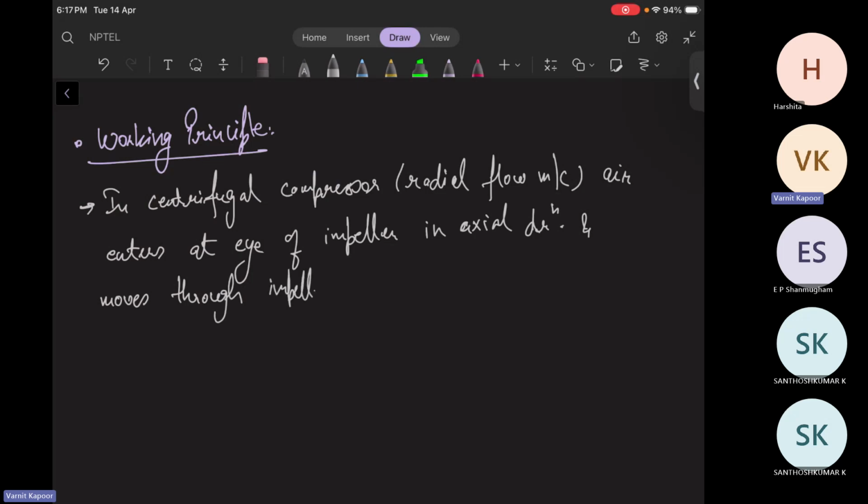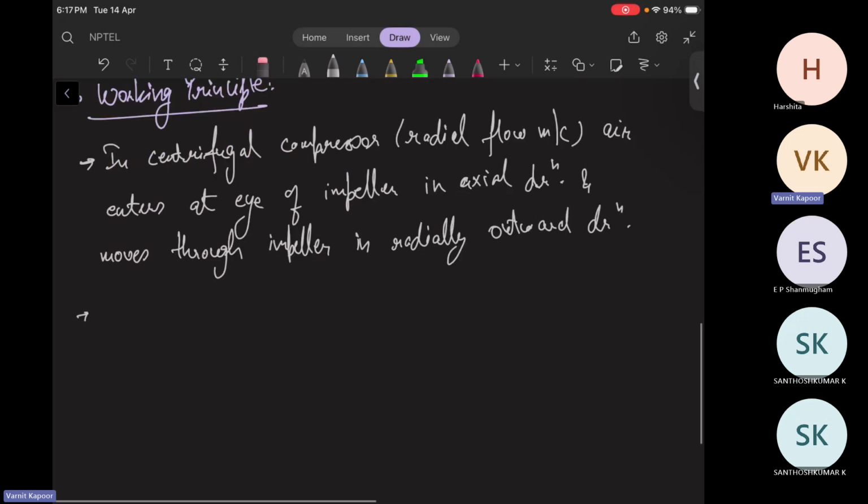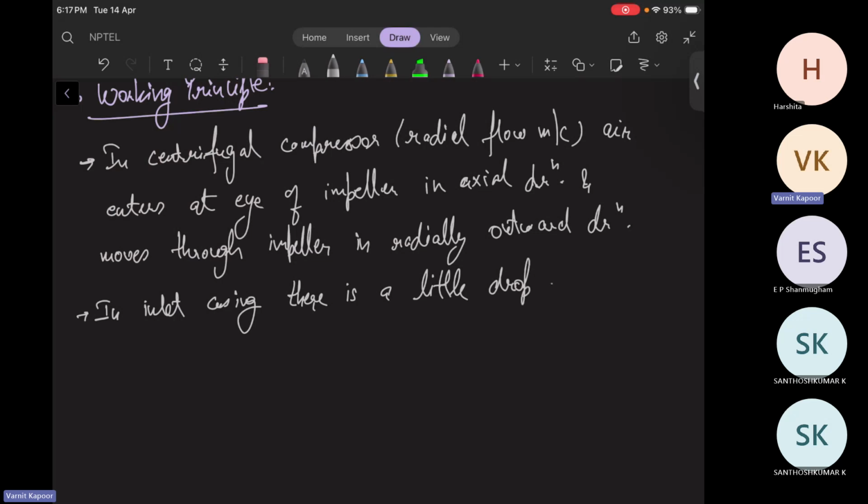Impeller in radially outward direction. In the inlet casing, there is a little drop in pressure along with increase in velocity.